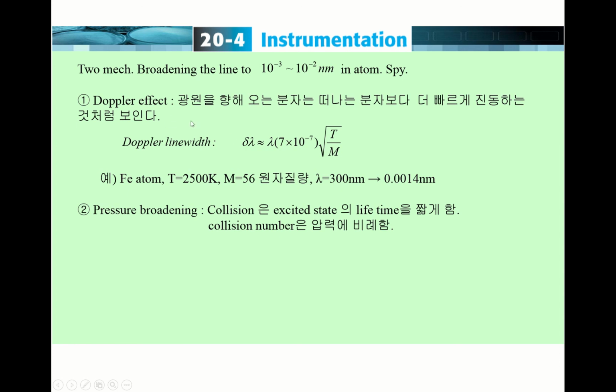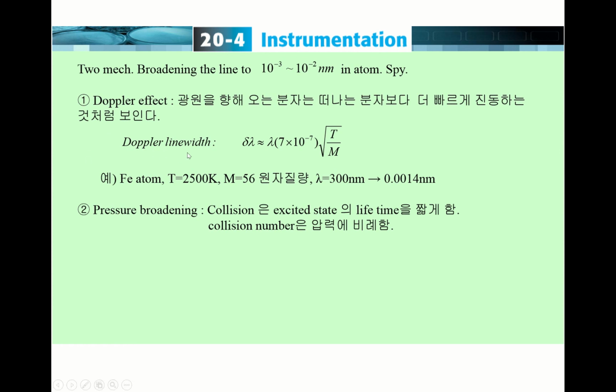When a moving object moves toward you, the frequency increases, or if the moving object is moving away from you, you feel the frequency is decreasing. That's the Doppler effect. Using this, we can estimate the distance.